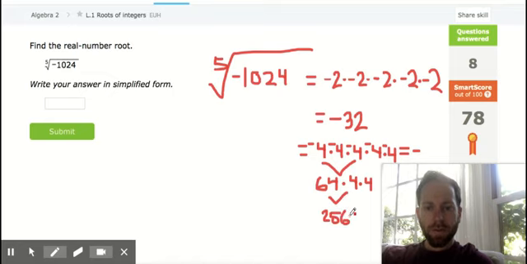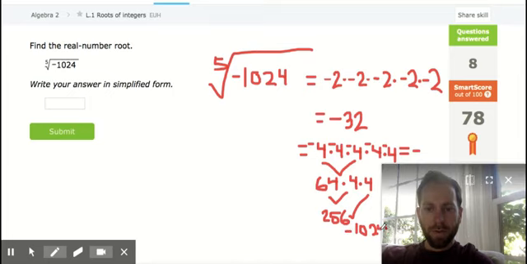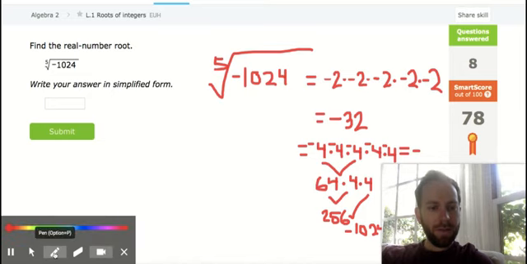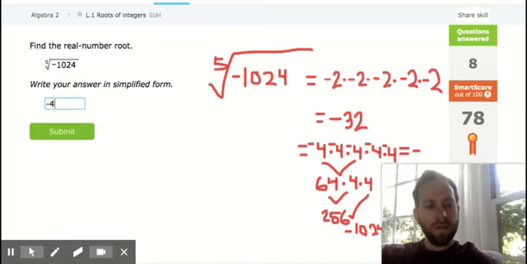And then times 4 again. Well, 25 times 4 is 100. But then you have 6 times 4, which is 24. And there it is. Sorry, that got cut off a little bit. So negative 4 times itself 5 times makes negative 1,024.